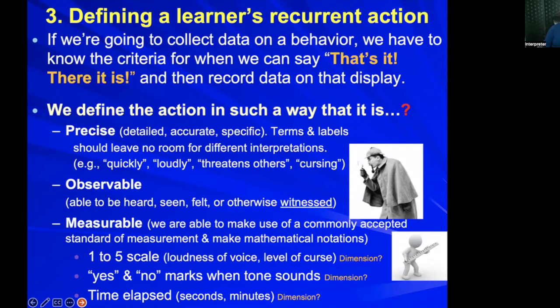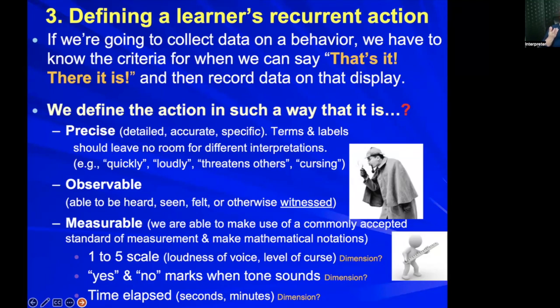It has to be measurable. Perhaps you'd like to measure the magnitude of a student's verbiage, and you're saying, I don't have a decibel meter, I don't have a device that will record how many decibels loud that outburst is.